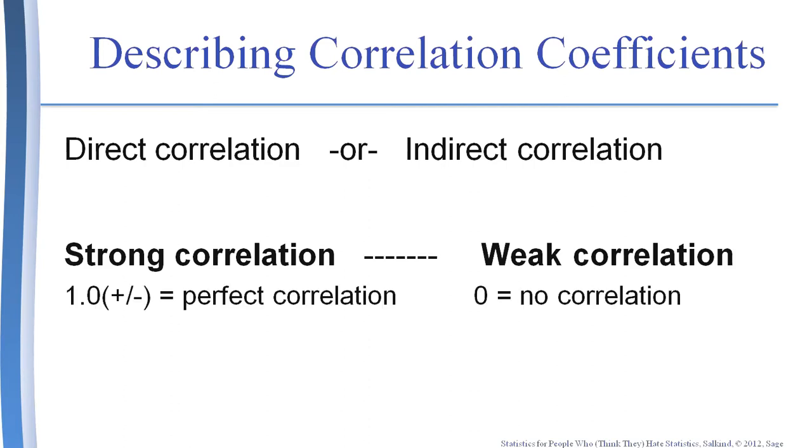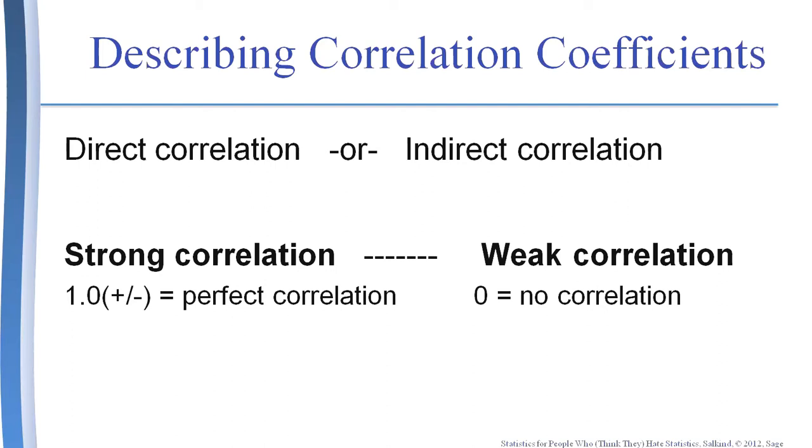So here, a strong correlation or a perfect correlation would be depicted by a coefficient that's 1.0. Now this can be both positive or negative, right? So it can be +1 or -1 means it's a perfect correlation. This means that your two variables, variable A and variable B, line up and overlap 100%.